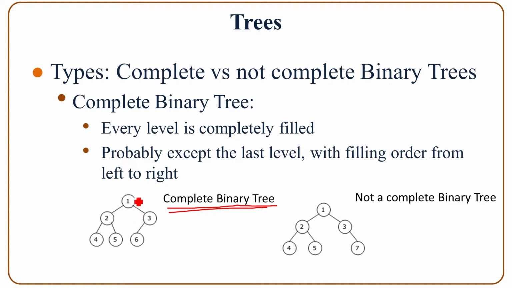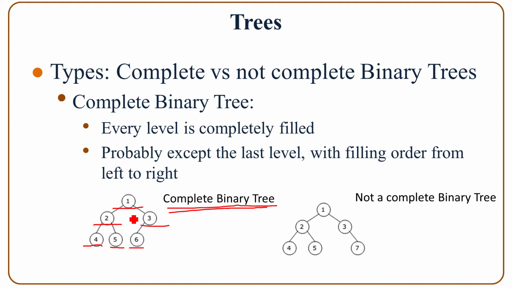And we can see that each level is completely filled. Node 1 has the left and the right node, and node 2 has the left and the right node. Node 3 has the left node and doesn't have the one on the right.